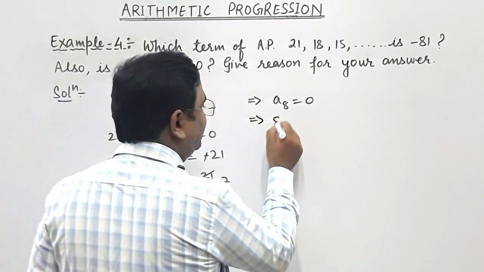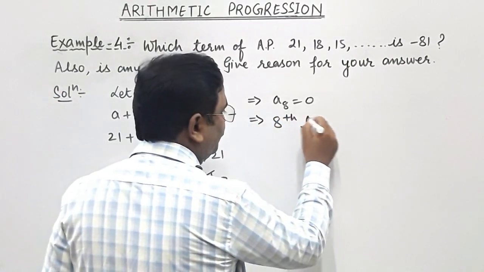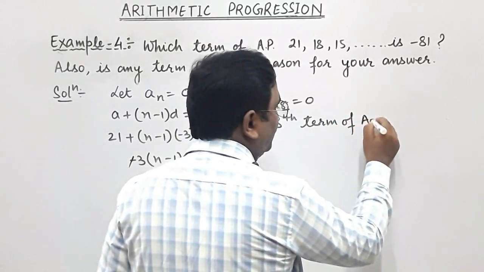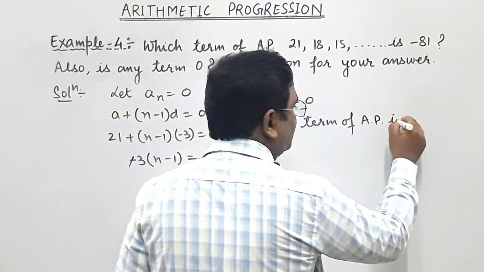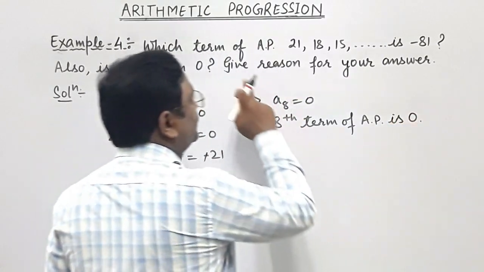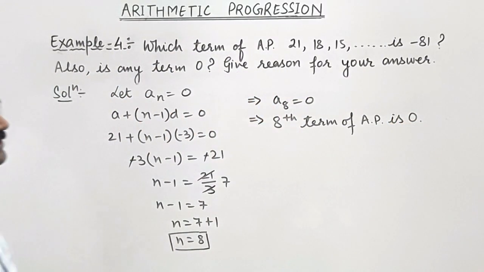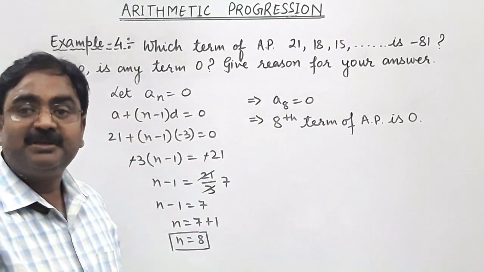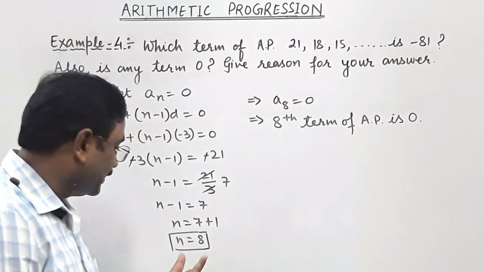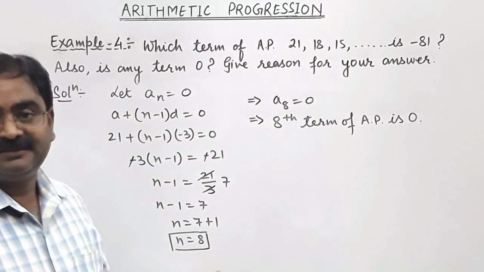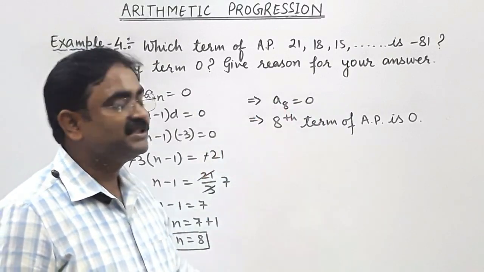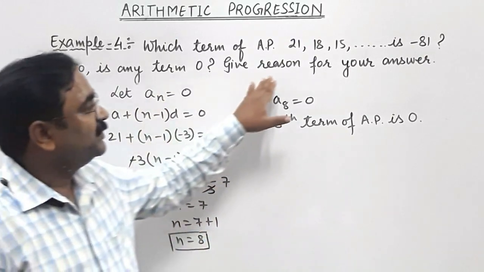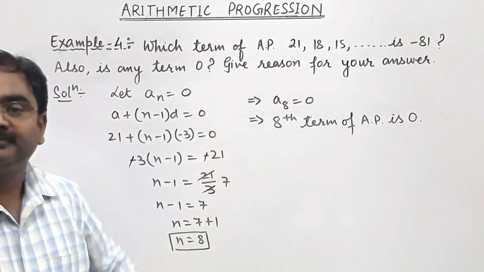Therefore the 8th term of the AP is 0 in this series, right? And the reason is this: the value of n should be a whole number, and it came to 8. So the 8th term of this series is 0. That explanation is given, means the reason is in front of you.